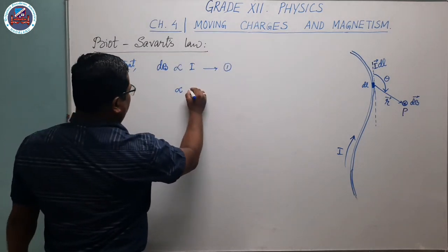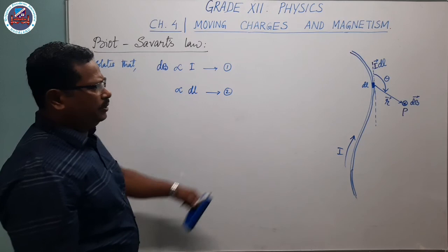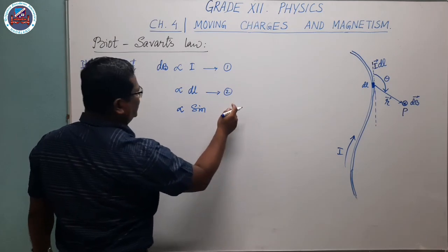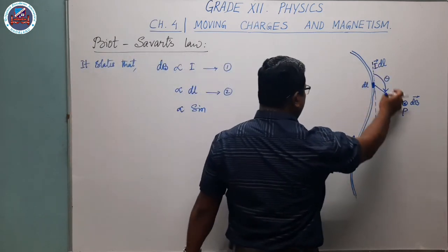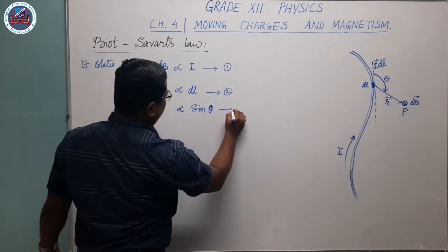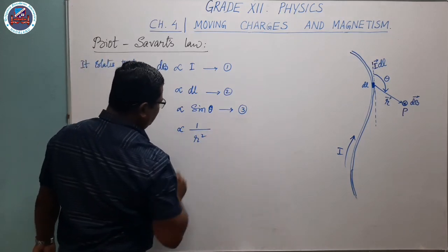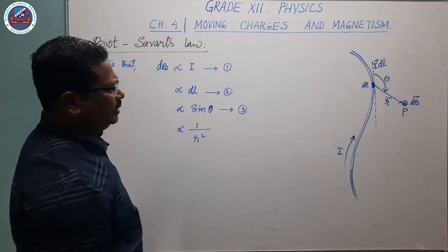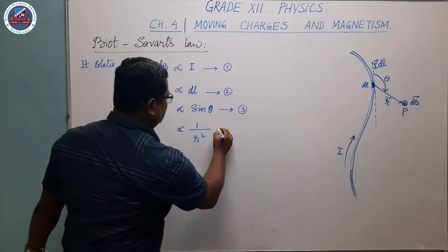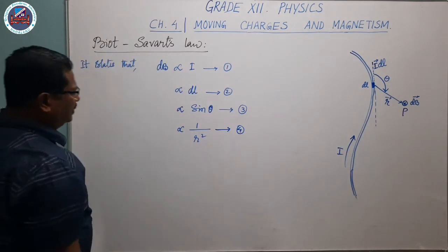If the elemental length that you have chosen is more, then also the field strength will be more at point P. It's directly proportional to sine of the angle between this IdL and r, this angle theta, sine theta, and it is inversely proportional to the square of the distance. Position vector we are taking as r, distance from this point dL to P. So these four combined together give us the experimental law of Biot and Savart.